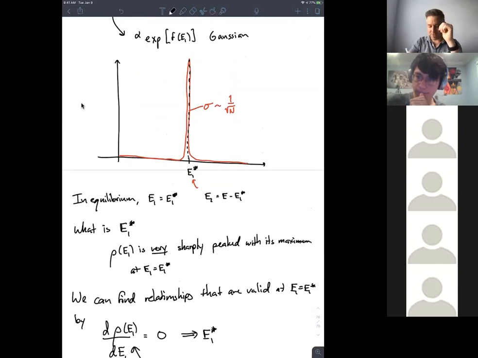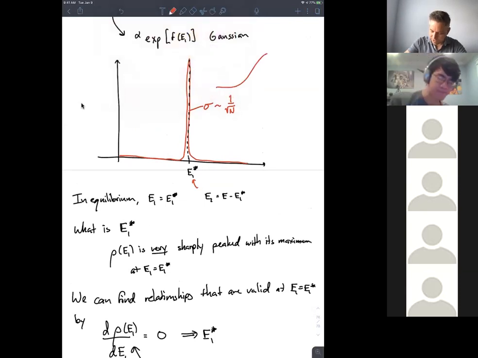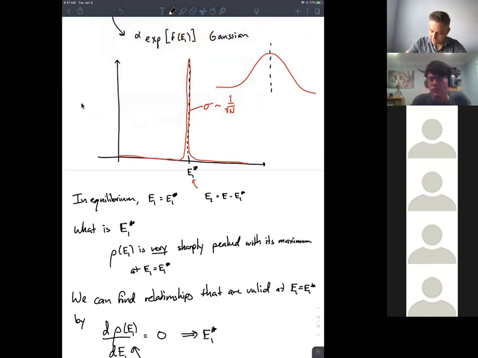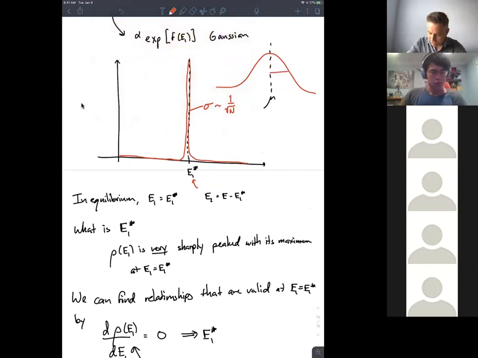If I draw a bell curve that looks something like this, and the mean is right here, the standard deviation is essentially this distance from the mean to the inflection point right here. Okay, thank you. Anything else?